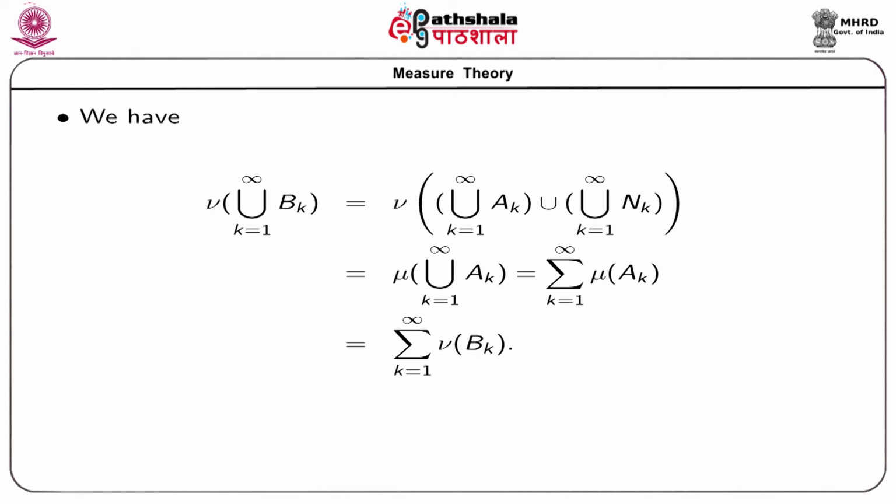This is equal to nu of union k equal to 1 to infinity A k union union k equal to 1 to infinity N k, and this is equal to, by definition of nu, mu of union k equal to 1 to infinity A k, but since mu is a measure and so is countably additive, this is equal to sigma k equal to 1 to infinity mu of A k, which is equal to sigma k equal to 1 to infinity nu of B k.